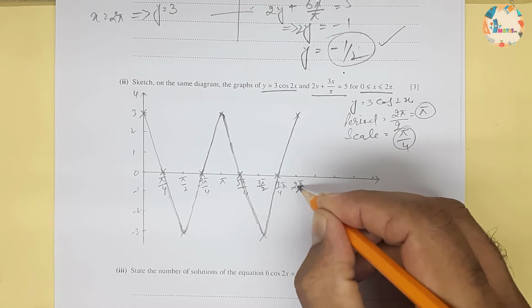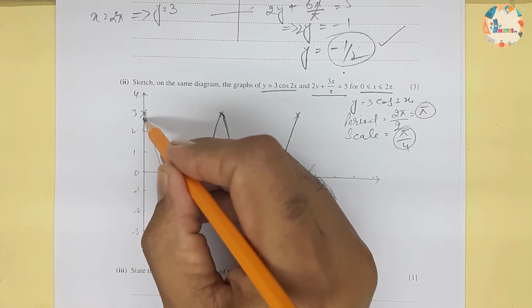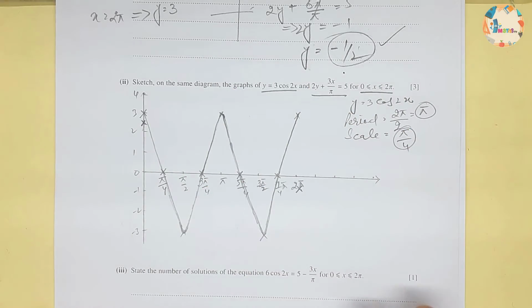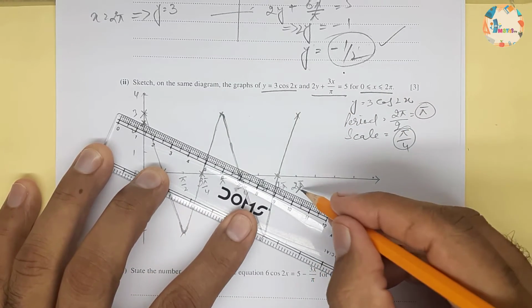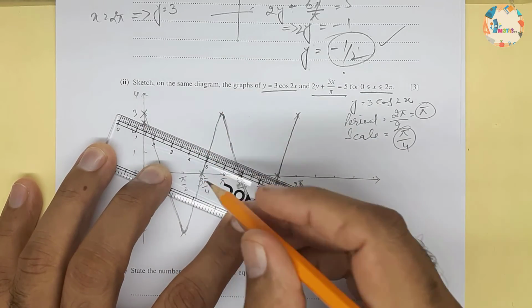So this will be our smallest value, and the largest value will be for x equal to 0, which is 2.5. So we can mark over here, and we have to join these 2 points, and if we join these 2 points, it will be like this one.